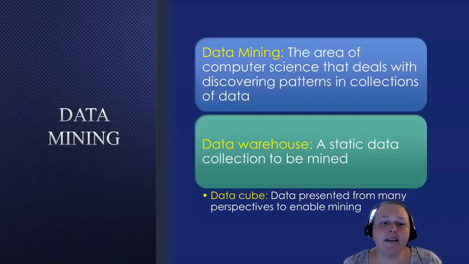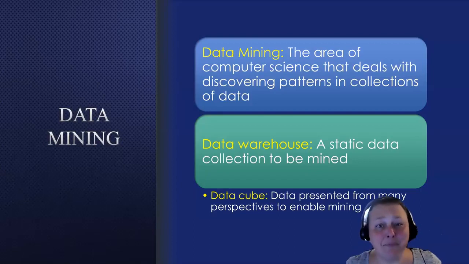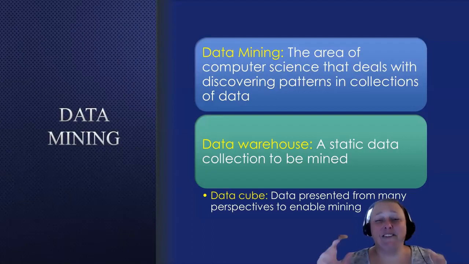So let's switch from the database into data mining. Data mining is an area of computer science or information systems, and it's going to deal with discovering patterns and collecting data, okay? A lot of times it's used in marketing type industries. So we're looking at collecting and looking for patterns.